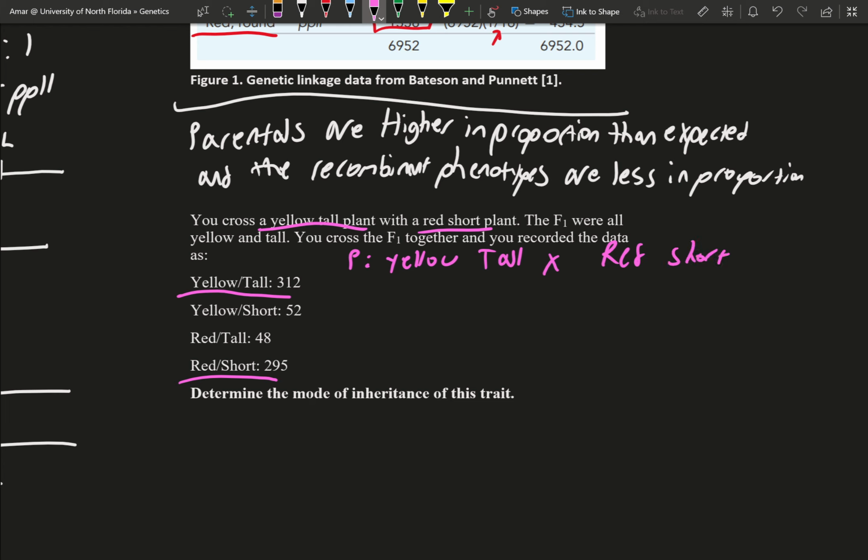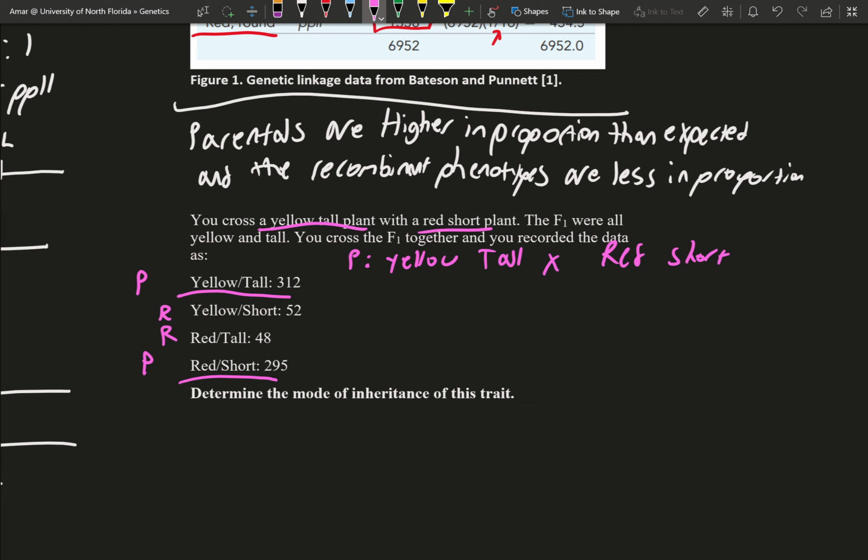Since we're getting a higher proportion of parental phenotypes compared to recombinant phenotypes, these two traits are linked through gene linkage. Hopefully that made sense. That's all you have to do if you have a data set and are trying to figure out if there's gene linkage or not.